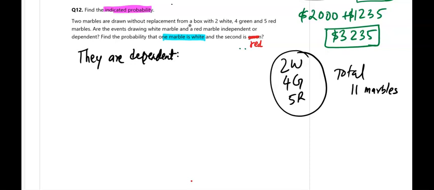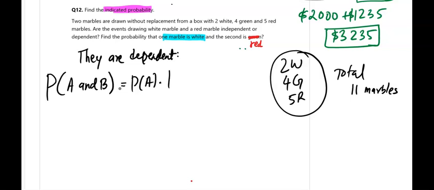And if they are dependent, the formula for probability of A and B, I mean this is the first event and second event, equals probability of A times probability of B given A. Okay, that's the formula. So here A represents white marble, and B represents red marble.